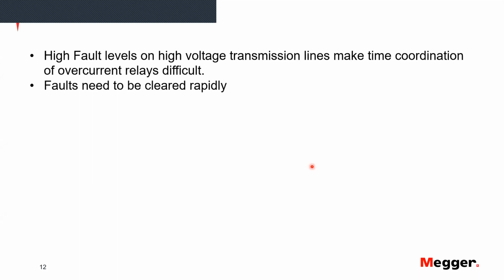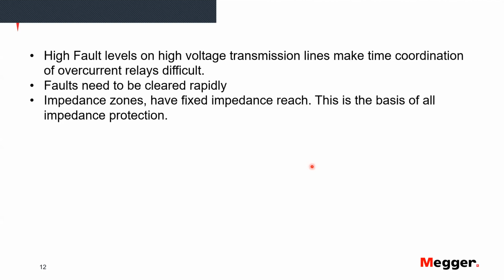The second one is that the faults need to be cleared rapidly. Current-based or current time-based coordination schemes tend to be a little bit slower. With distance protection, we can detect and clear faults very rapidly.